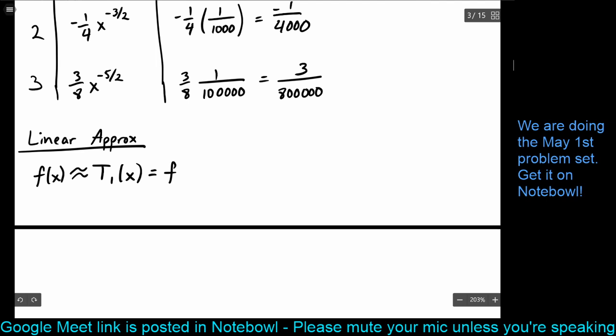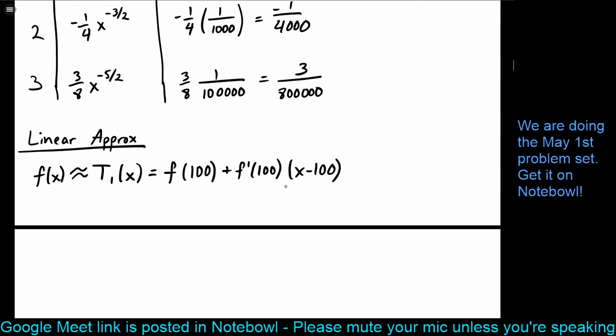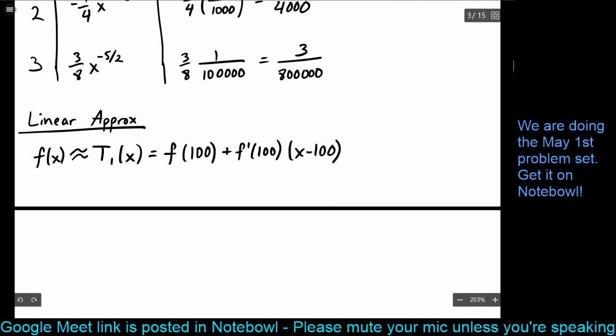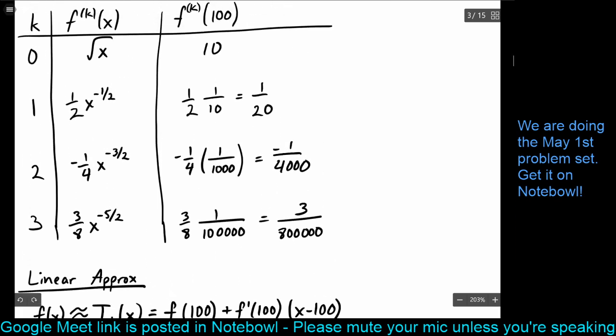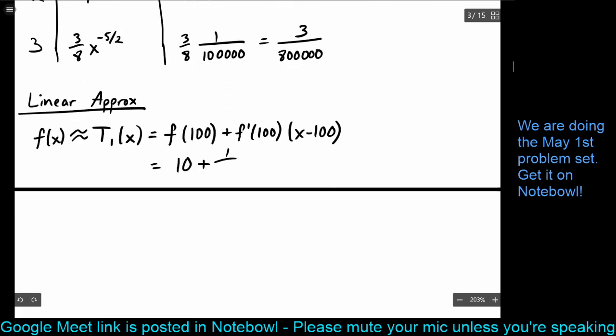And this is simply f of 100 plus f prime of 100 times x minus 100. These are the first two terms in the Taylor series for this. So this will be 10 plus 1/20 times x minus 100.